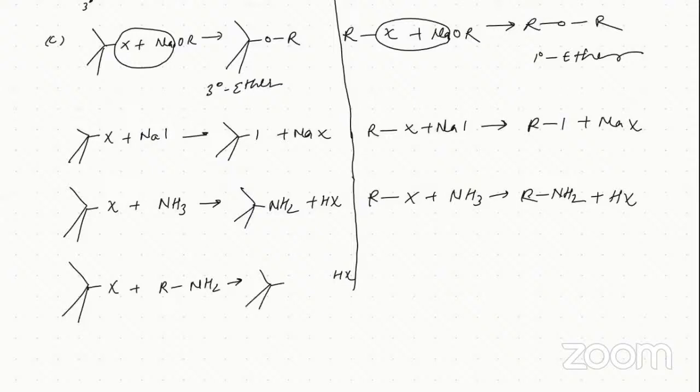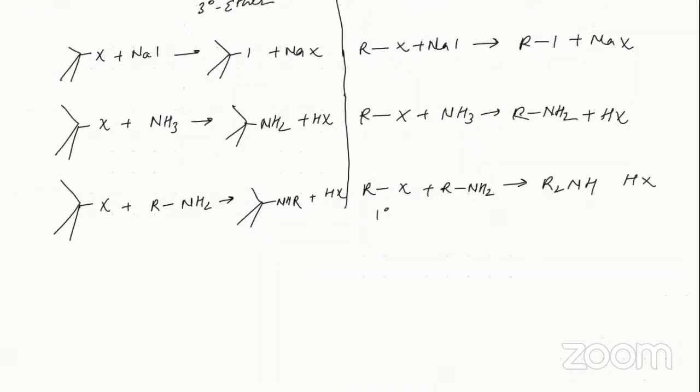One hydrogen got out, so this will be NHR. Similarly, if you are talking about 1 degree and treating with RNH2, what product are you going to get? HX will be out and R2NH will be coming.